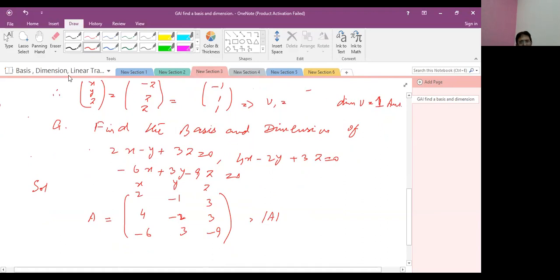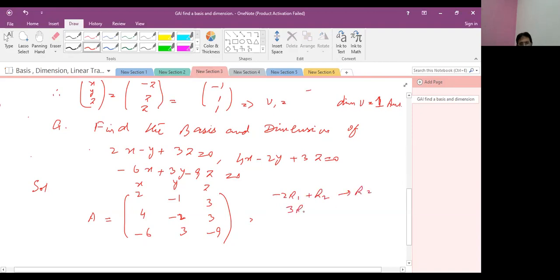when we are applying the operations, the first operation is minus 2 of R1 plus R2 is equal to R2.